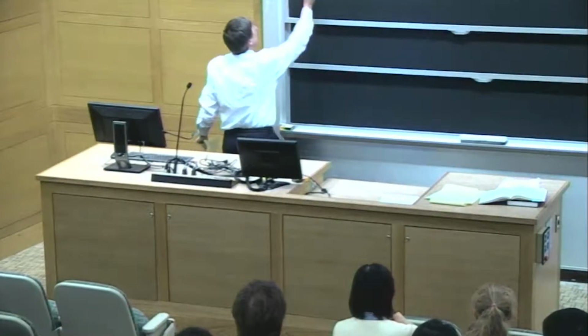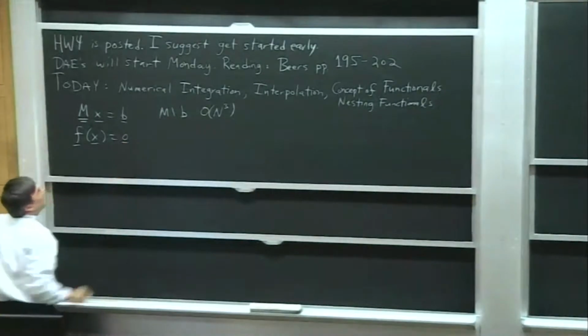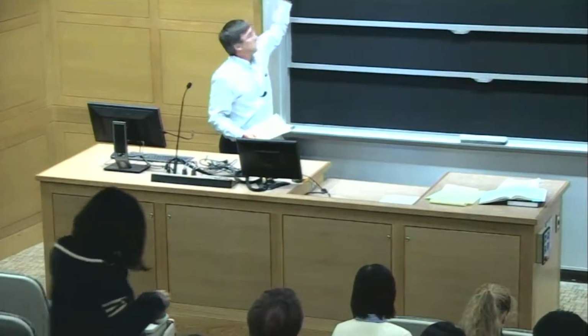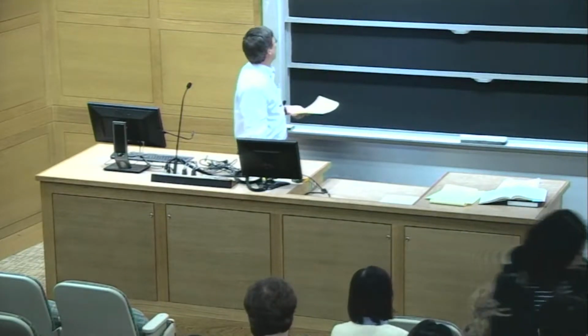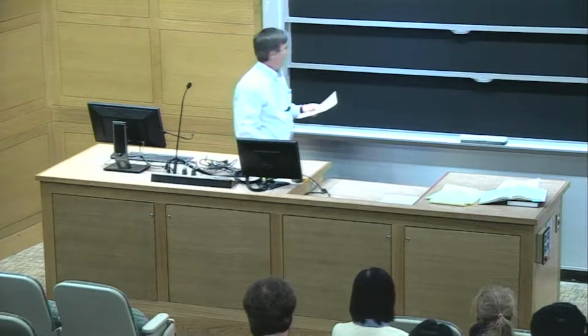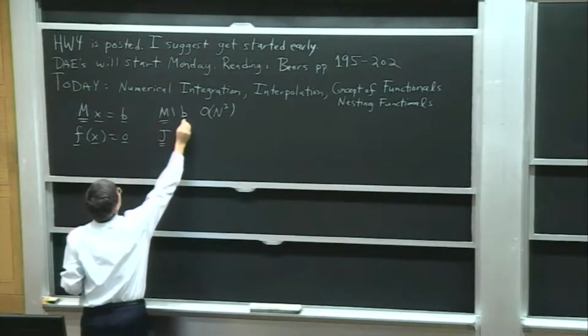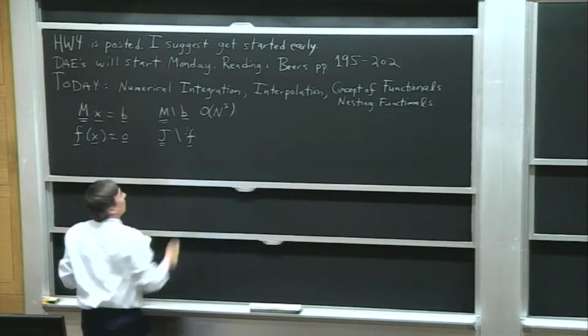Then we tried to solve problems like this. Systems of equations, not just linear ones, but nonlinear ones as well. And what we decided to do as one of our best methods is Newton-Raphson, where we keep on doing J backslash f, actually negative f.